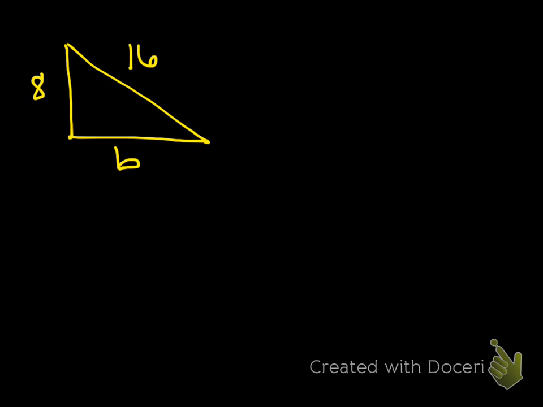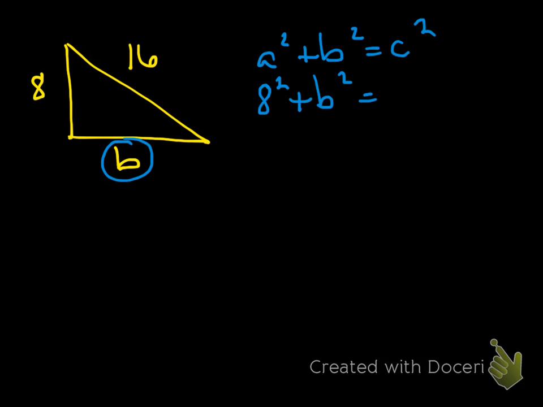Alright, and here's our next one. So in this one, we don't know one of the legs. So we've got A squared plus B squared equals C squared. Now remember, C is always the hypotenuse, always the longest side. So we have 8 squared plus B squared equals 16 squared, 64, and 16 squared is 256.